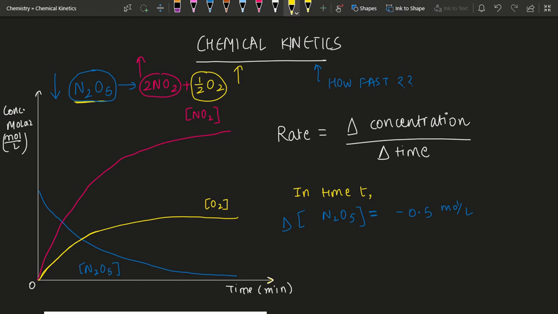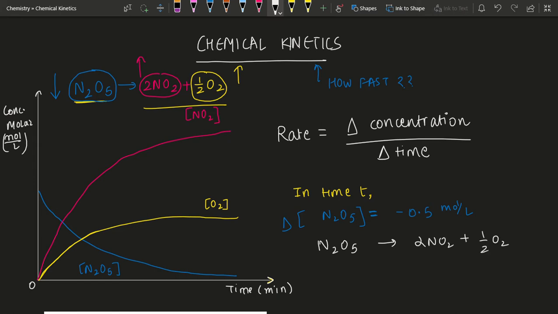And when that happens, the concentration of the products must increase by a similar amount. You can use basic stoichiometry here. N2O5 gives 2NO2 plus half of O2.